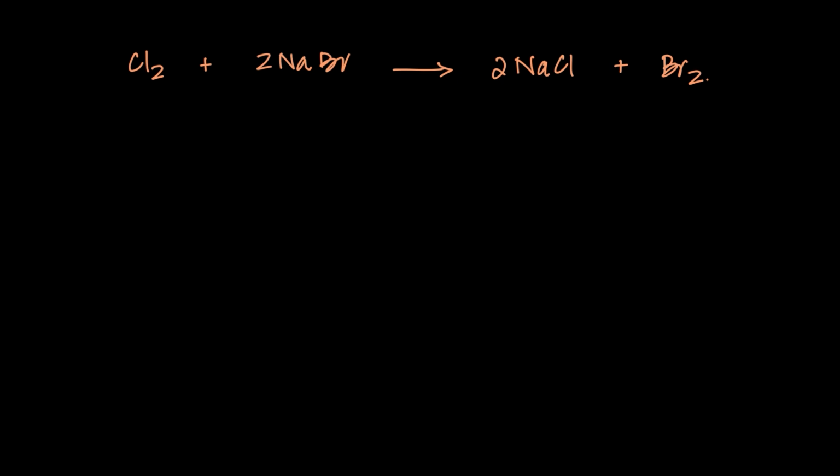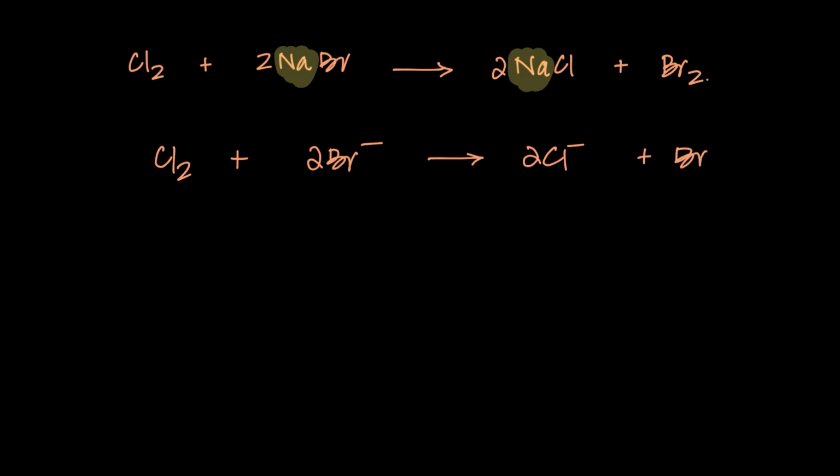Now, chlorine is becoming chloride and bromide is becoming bromine. If you remember, we've done spectator ions, and sodium is the spectator ion here. So if I look at the ionic equation, chlorine reacts with 2 bromide to make 2 chloride and Br2.